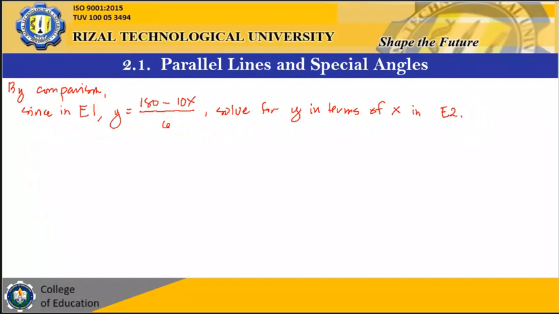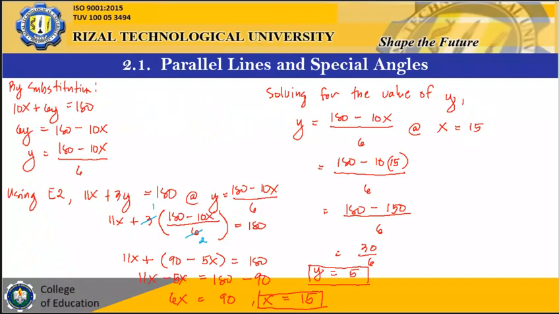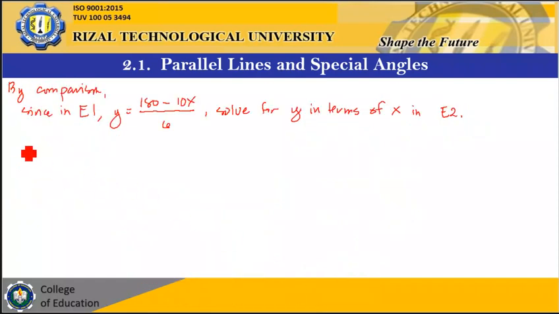So our equation number 2 is 11x plus 3y is equal to 180. Subtracting both sides by 11x, what I have here is 3y is equal to 180 minus 11x. Then dividing both sides by 3, therefore y here is equal to 180 minus 11x divided by 3. This is the value of y in terms of x.